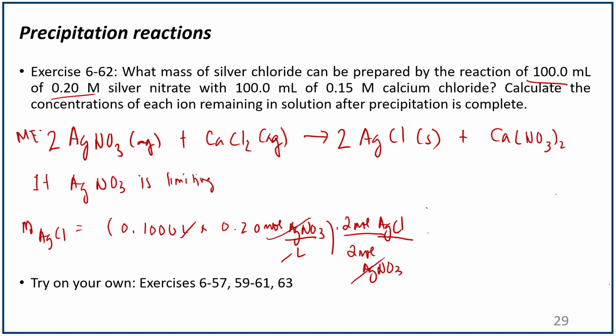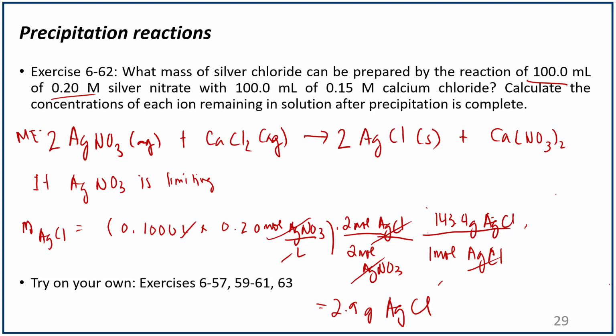Finally, to arrive at grams of silver chloride, use the molar mass of silver chloride: 1 mole of silver chloride is equal to 143.4 grams of AgCl. Again, terms will cancel out, and this should give you 2.9 grams of silver chloride produced if and only if silver nitrate is the limiting reagent.